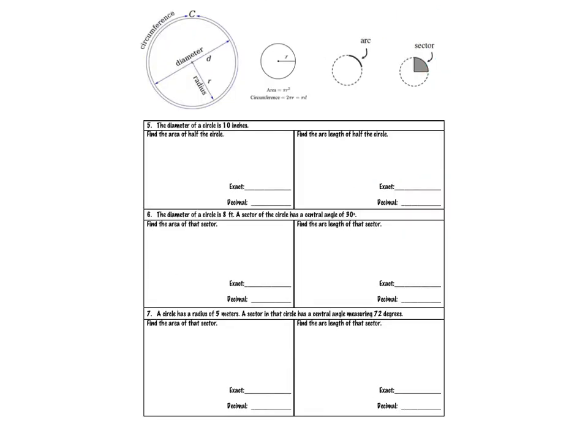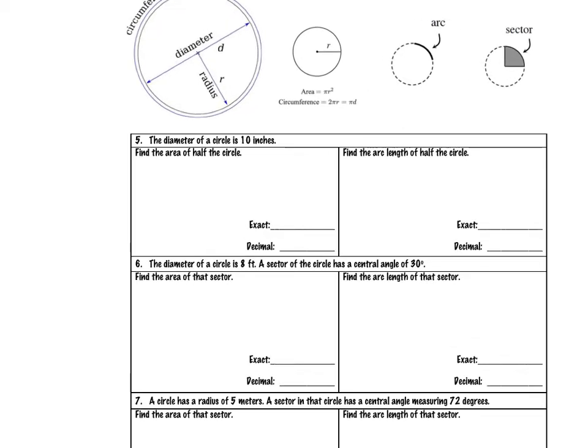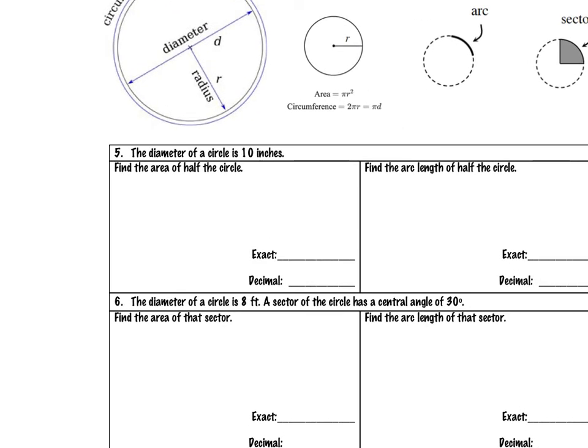The second piece of this is what's new. Okay, so I'm going to look first at a circle that has a diameter of 10 inches. If the diameter is 10 inches, I know the radius is 5. I want to find the area of half of the circle.